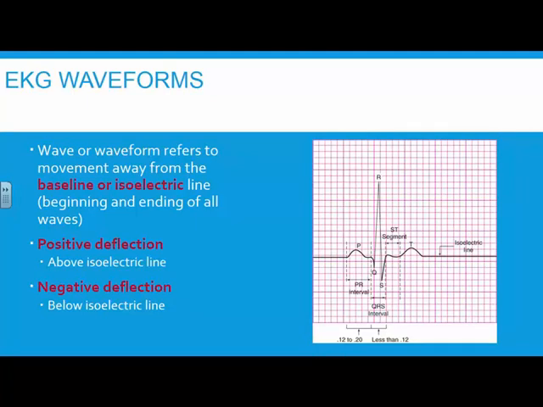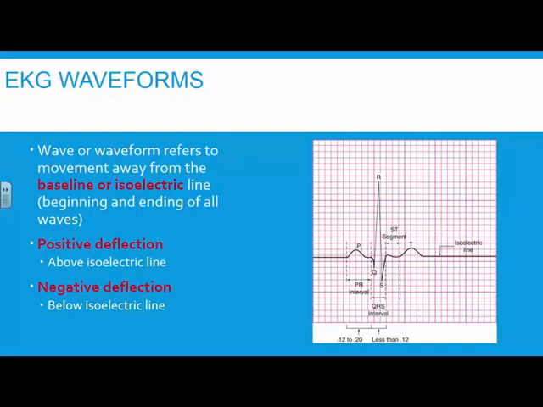So let's start talking about some waveforms. You're going to base everything that you look at off of this little guy right here called the isoelectric line. Anything pointing upwards of the isoelectric line is positive. It's considered a positive deflection.